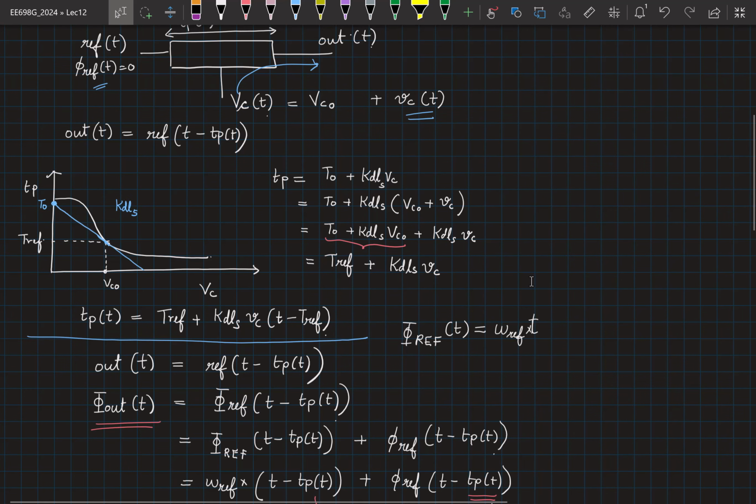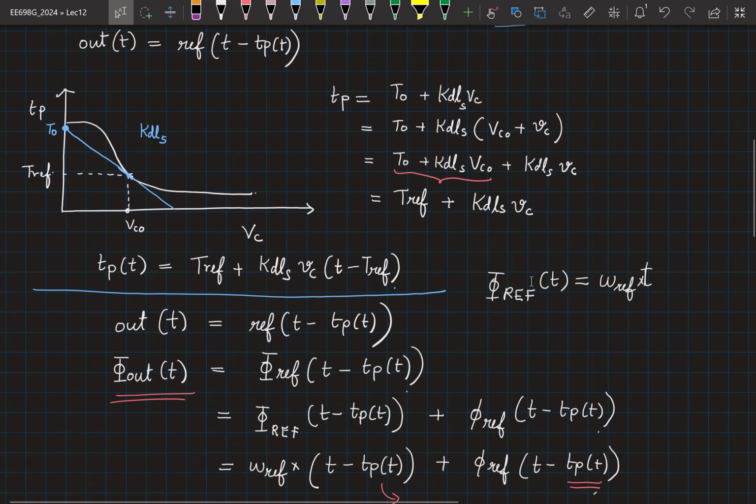Let's quickly revise what approximations we have made. The first approximation is that we have linearized the non-linear VCDL characteristic around the operating point, which means this model is valid only for small Vc.